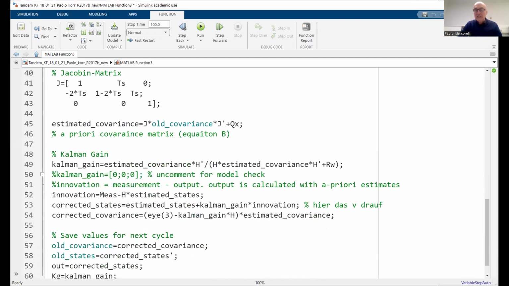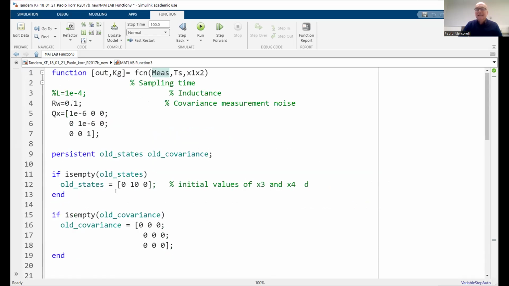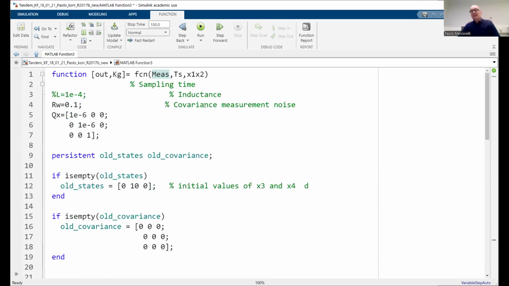Please pay attention here to the 2 important changes to be considered. You have just one measurement, x3, which you can find here. Now we can pass the measurement as measurement of the state. Please pay attention here.